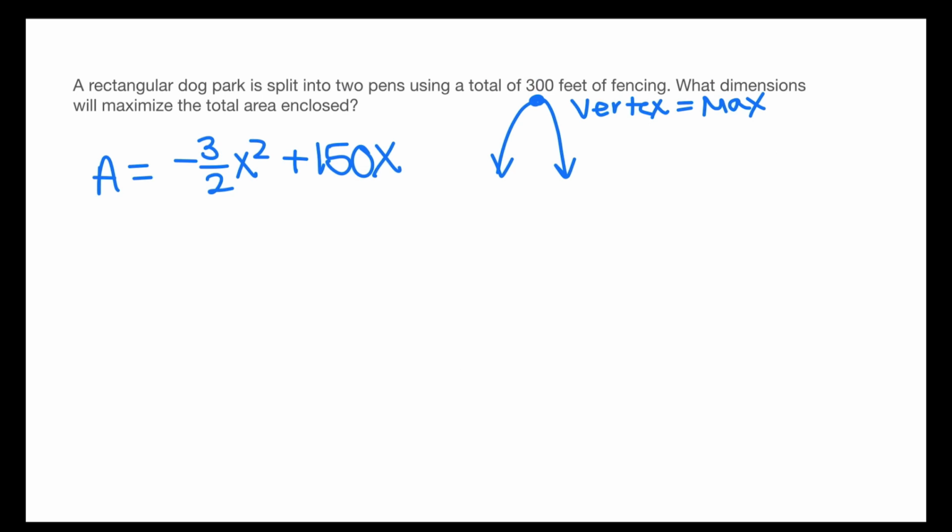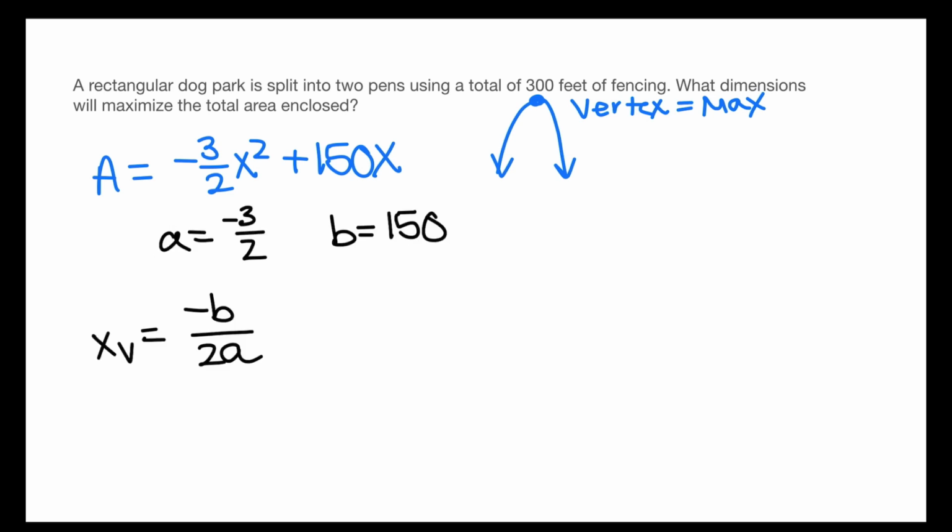So back to my original problem, the problem we started with. Here's the area function we found for our rectangles. A equals negative 3/2 x squared plus 150x. So using the formula I just found, the x value of the vertex is negative b over 2a. We can let a equal the number in front of the x squared.